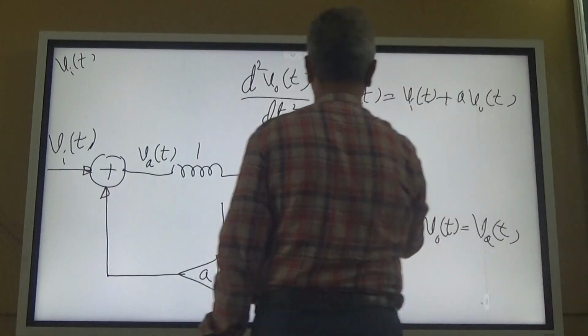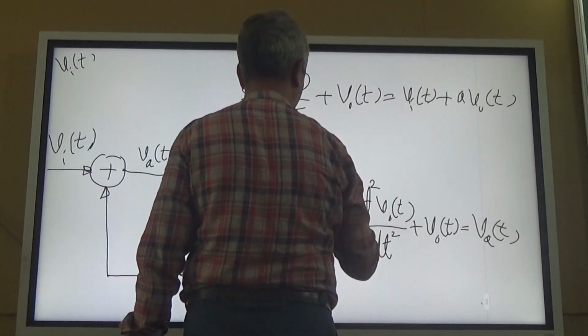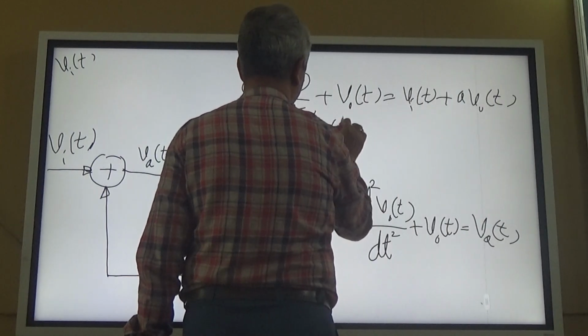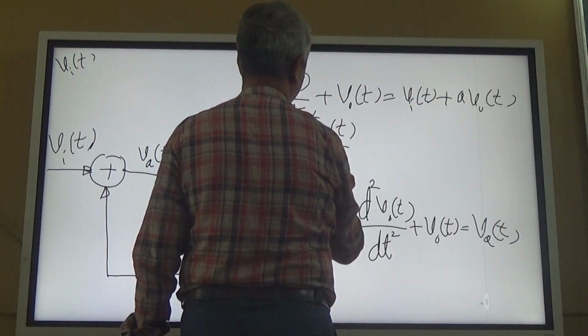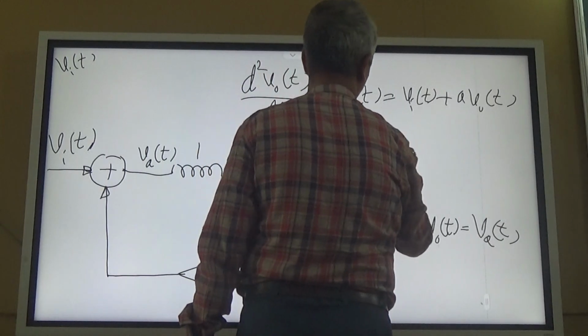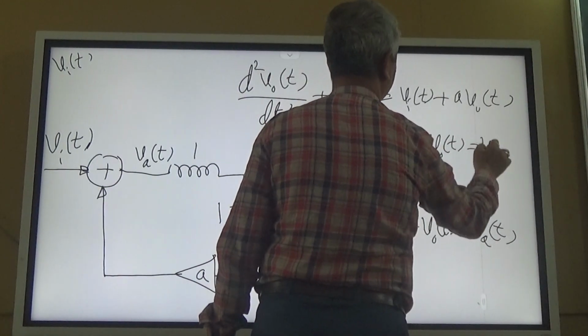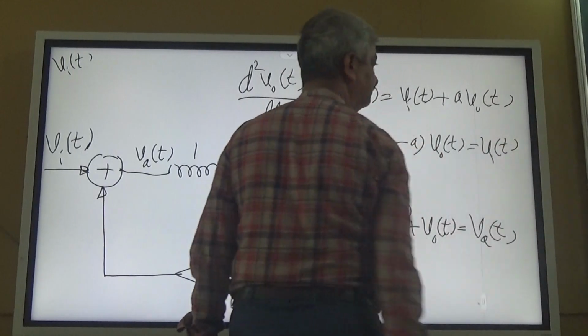So A comes on this side, so the same equation like the last one: d²V_O(t)/dt² plus (1 minus A) V_O(t) equal to V_in(t), right?